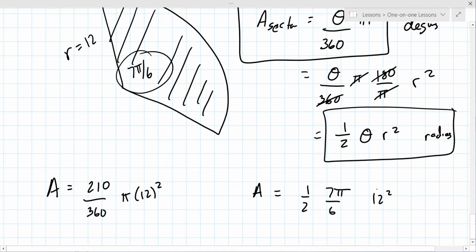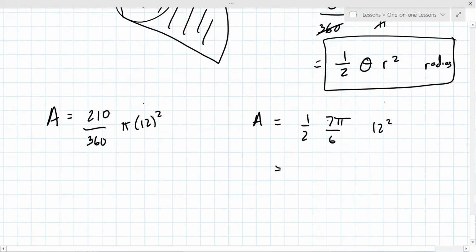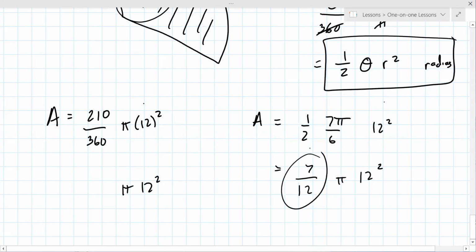They both have a 12 squared, and they both have a pi in it. So what we're coming down to is this is 7 over 12 here, pi 12 squared. Is this 7 over 12 pi squared over here? Is 210 over 360 7 over 12? Yes, it is.